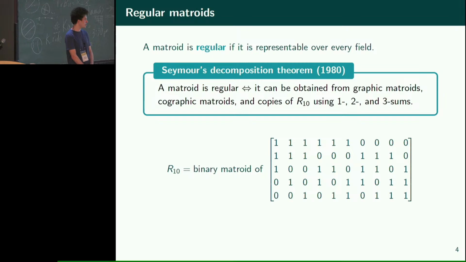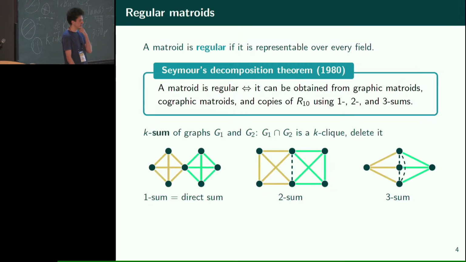R10 here is really just a specific binary matroid on 10 elements. For these conjectures, it's not difficult to check that they hold. So our only task would be to handle 1, 2, and 3-sums.